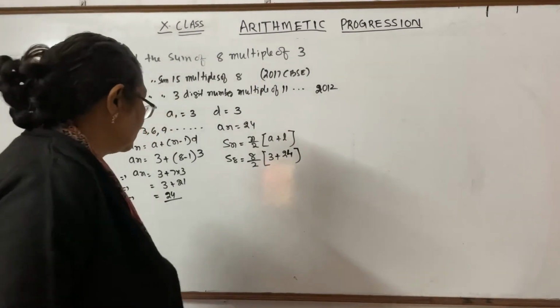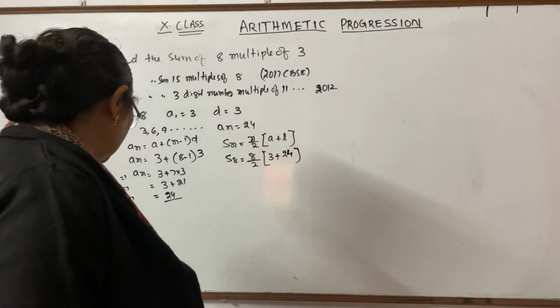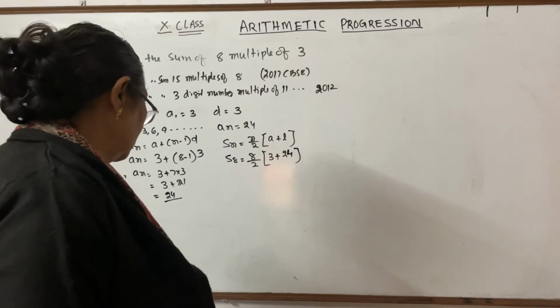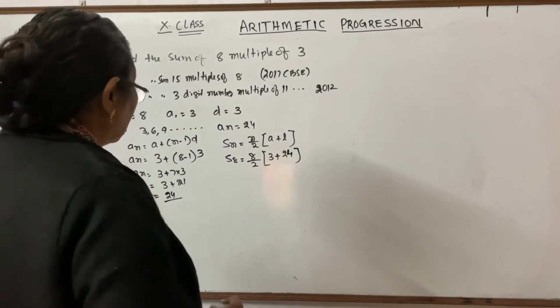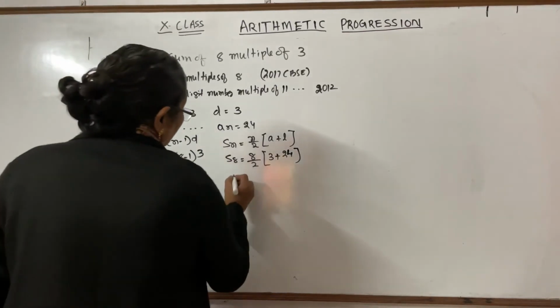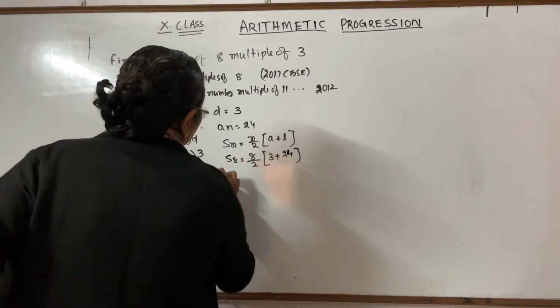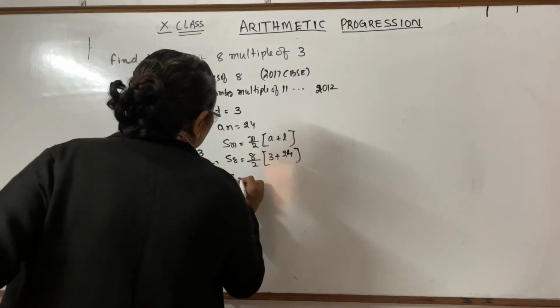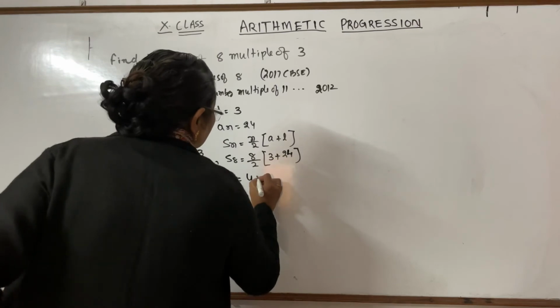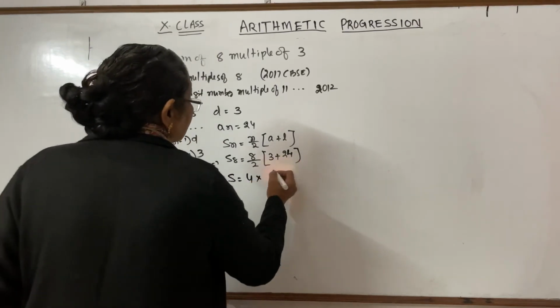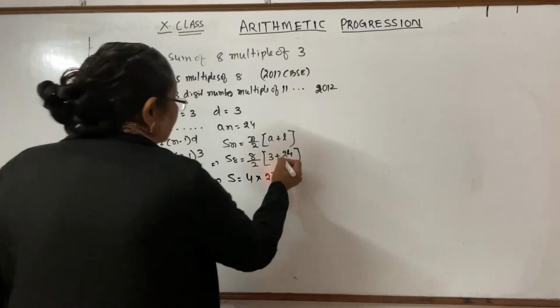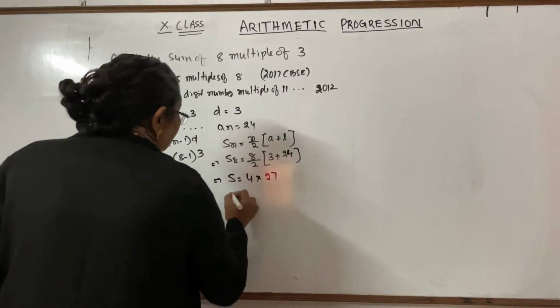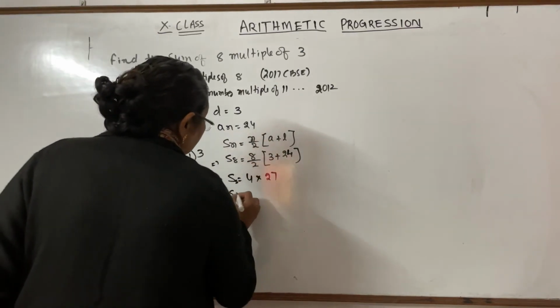So we shall use this formula. We know A and the 8th term. Okay, now let's solve it. That implies 8 upon 2, that is 4, into 3 plus 24, that is 27. That equals S8.